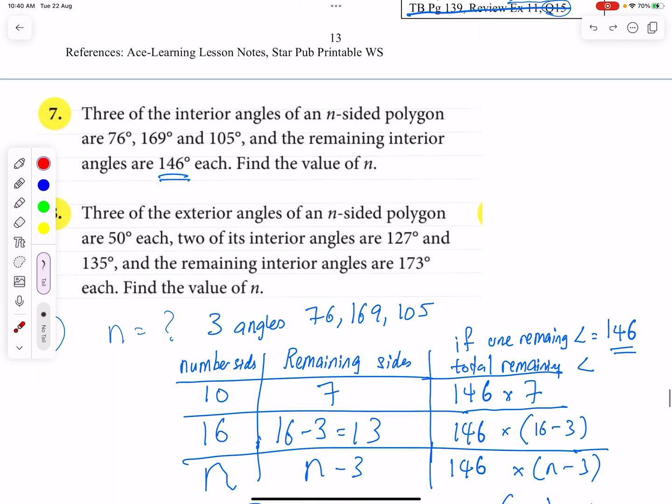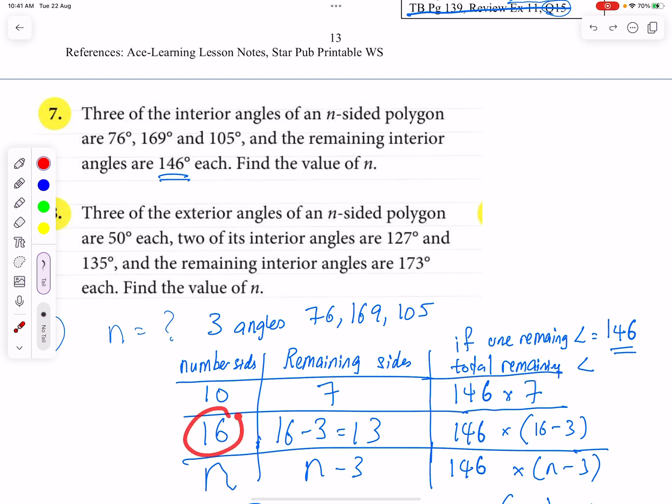What I can do is I can try and set a table, right? So we set a table here with 3 columns. Number of sides is equal to 10. I know that 3 angles are the 3 numbers there. The remaining sides will be 7, right? And then I can say that 146 times 7, because there are 7 sides, and this is the remaining angle.